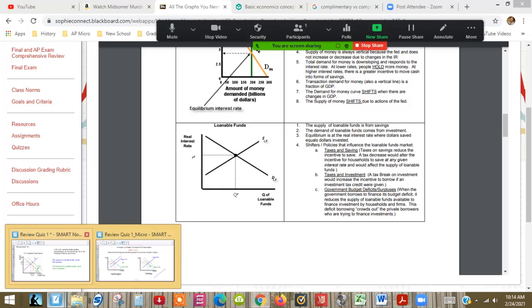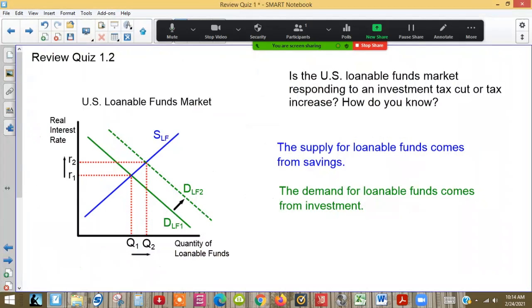The demand for loanable funds comes from domestic investment. Once again, think about an example: a homeowner wants to get a new roof, right?